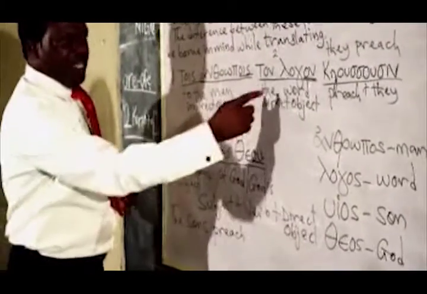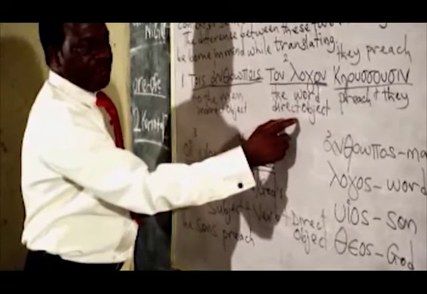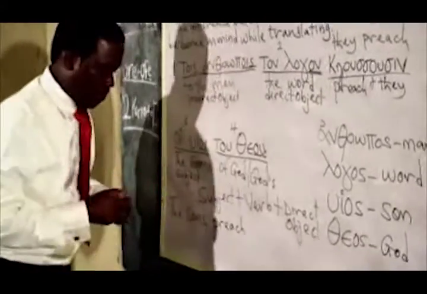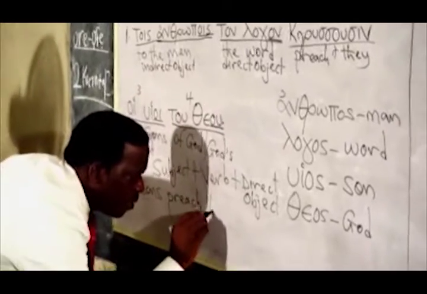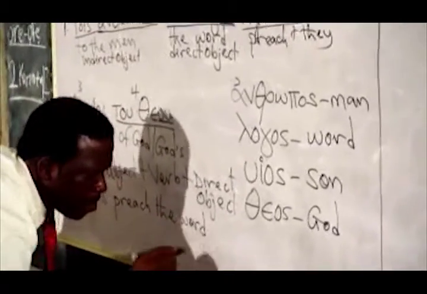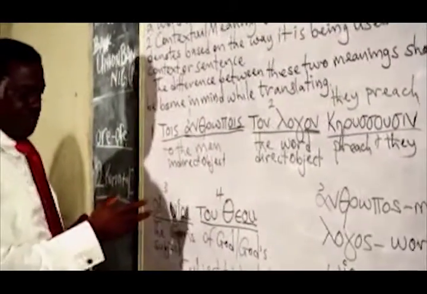We go to the direct object. Here we have tous logous to be the direct object. The word. The word. Then we still have a noun too.